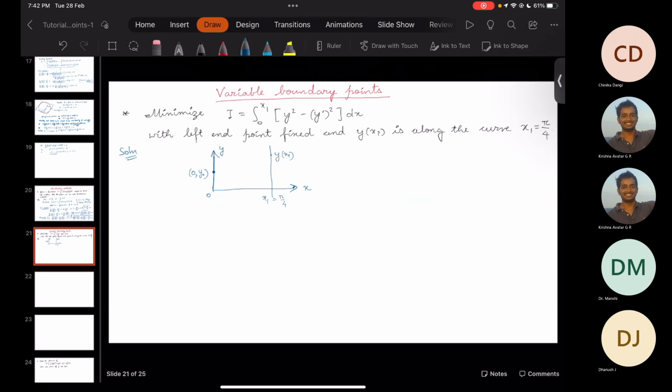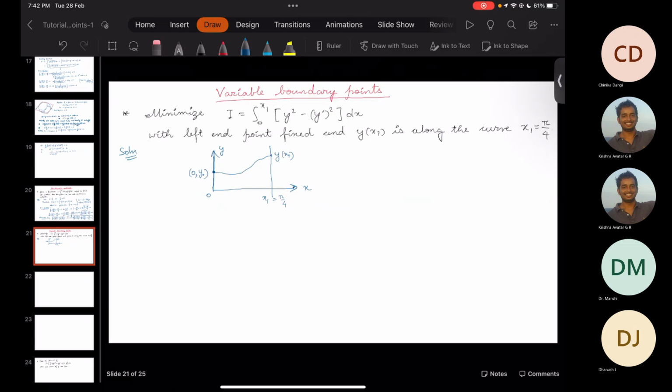So this x1 is called the pi by 4 line. So we need to find a function, anything of this kind, which is connected on the left hand side to a fixed point 0 comma y0, and on the right to a point lying on this line, which is x1 equal to pi by 4.